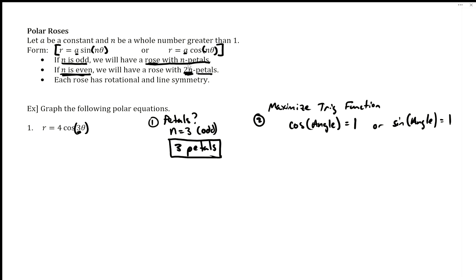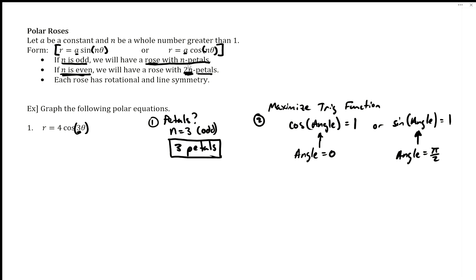And we know on the unit circle that to get 1 out of cosine, this angle should equal 0. And for sine, the angle should be pi halves. Because cosine of 0 is 1, and sine of pi halves is also 1.